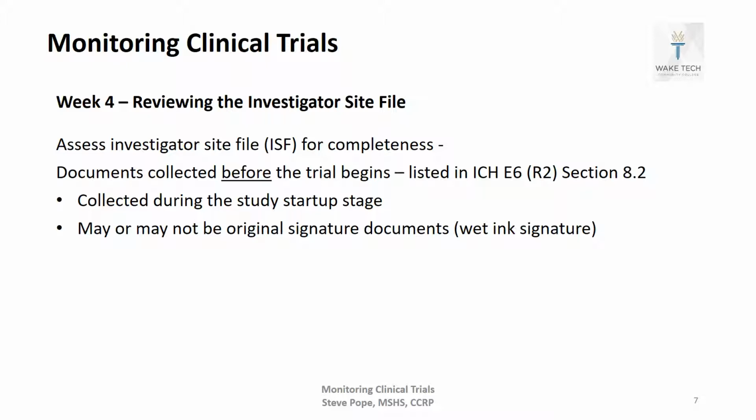We've gone through all these documents during our previous lessons, so I'm not going to go through all of those here. These documents may or may not be original signature documents, which means a wet ink signature. So they could be documents that don't require an original signature, but in many cases they probably are documents that require original signatures.